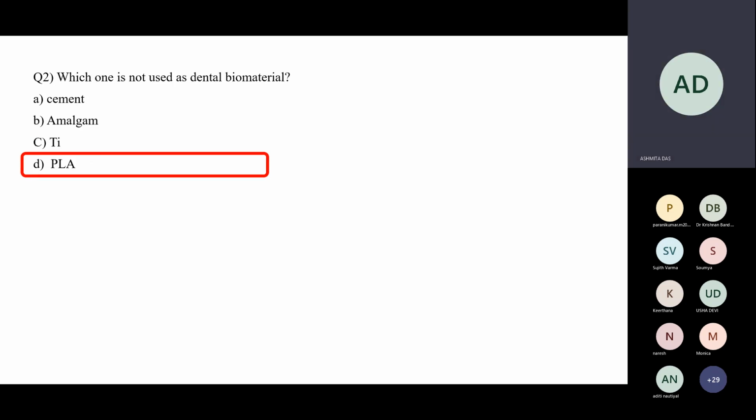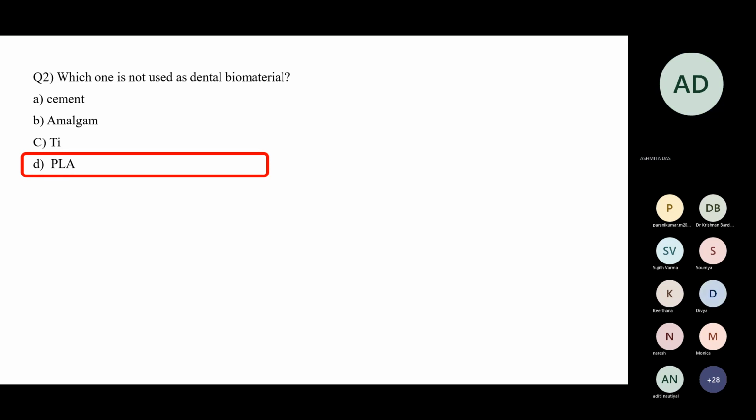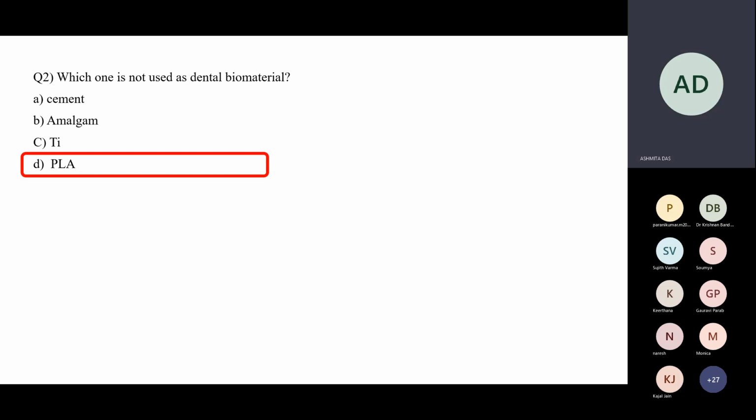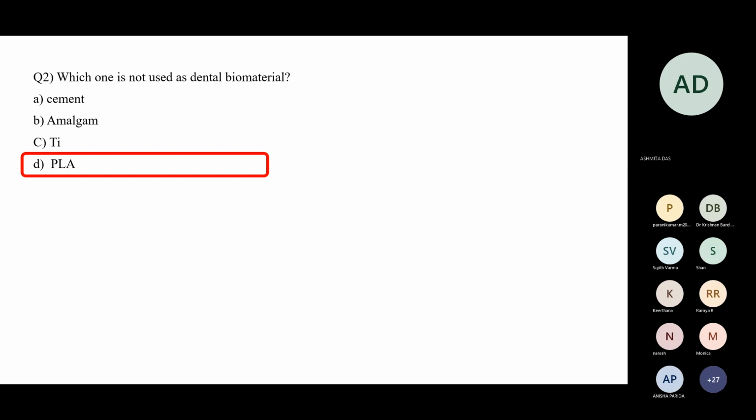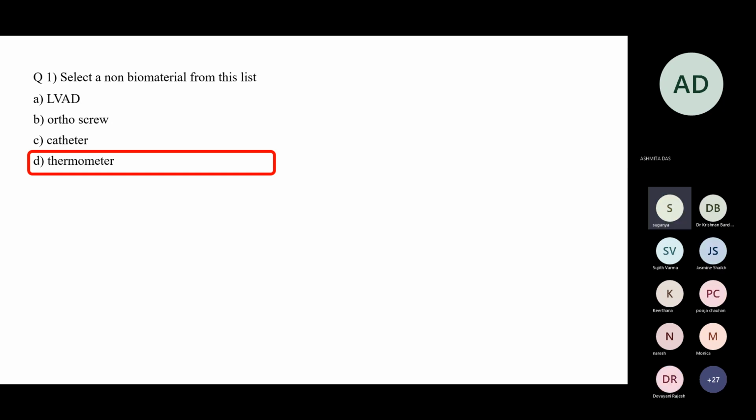Which one is not used as a dental biomaterial? PLA, PLA. Okay, anyone else? Amalgam. Okay.